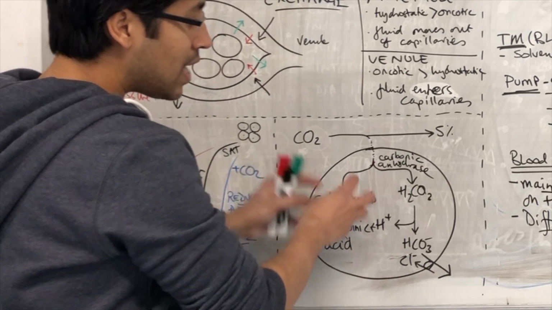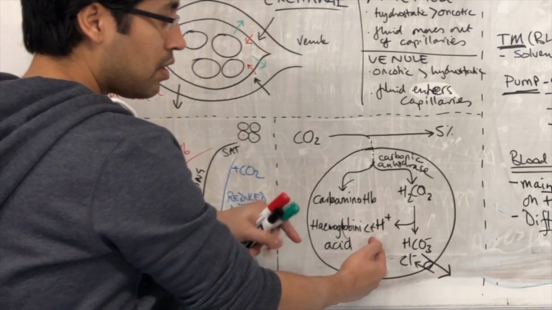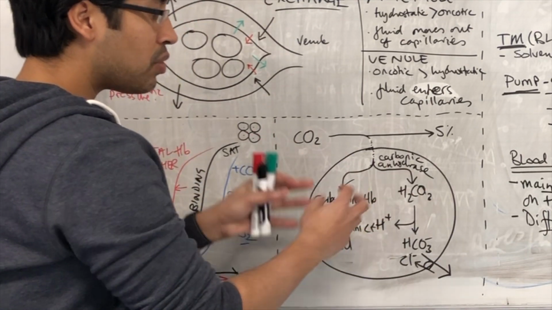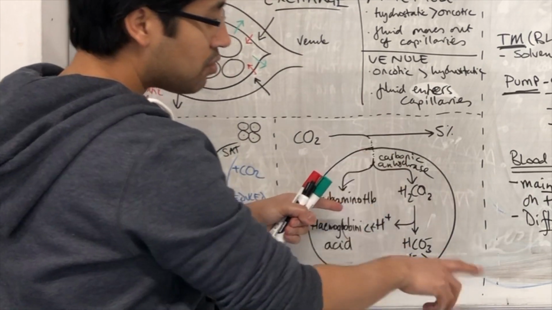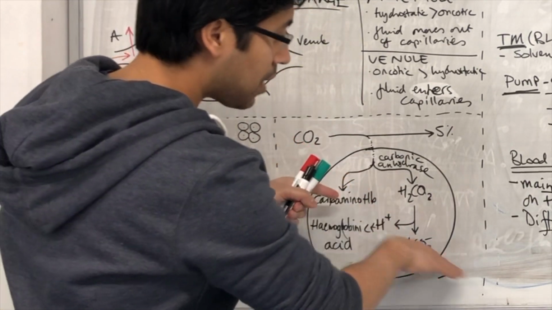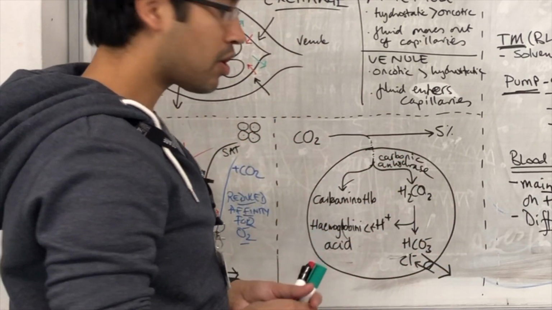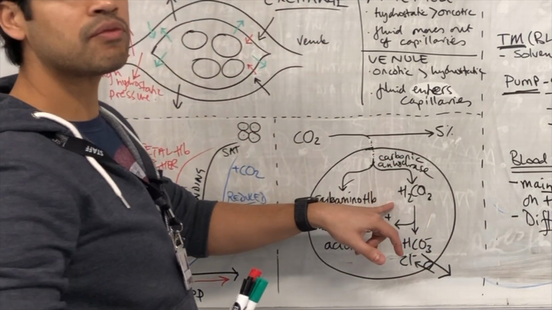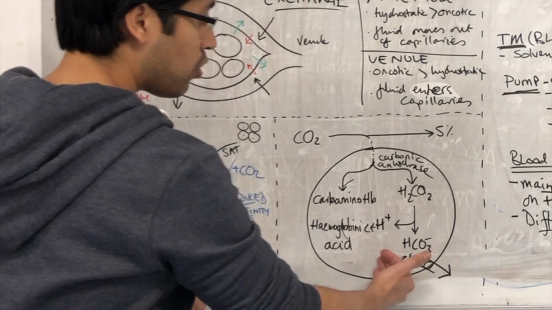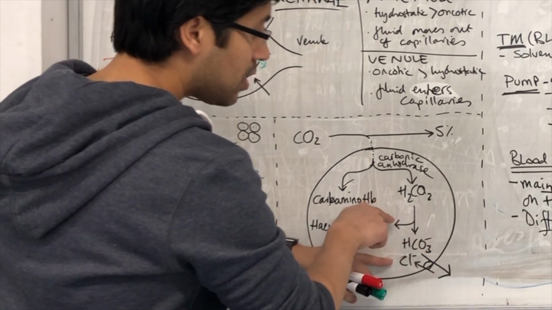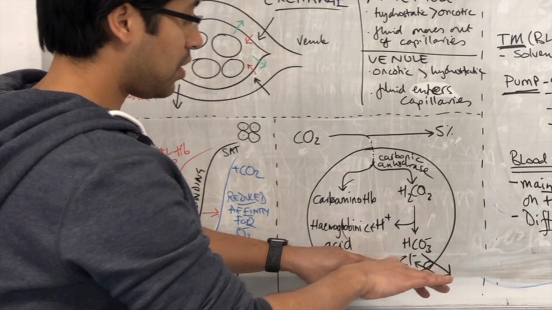To maintain that electrical balance, chloride ions enter, which means we can keep converting CO2 into hydrogen carbonate ions, and so we can increase the capacity of the red blood cells to transport CO2. So this shift of chloride ions in means that we can keep chucking HCO3- out.